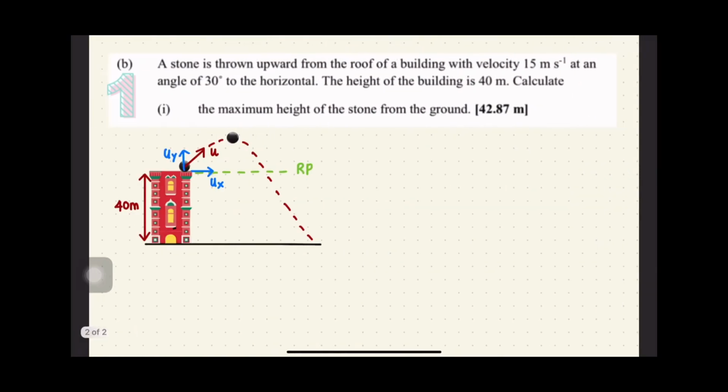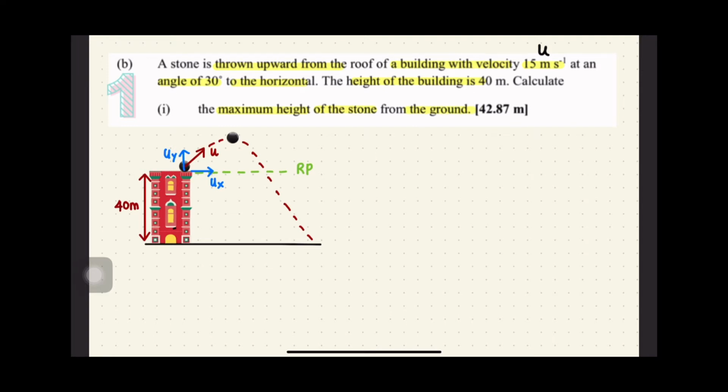So next question is question number 1B. A stone is thrown upward from the roof of the building with velocity of 15 meter per second. So this is U. Next, at angle of 30 degree to the horizontal, the height of the building is given by 40 meter. Calculate the maximum height of the stone from the ground.